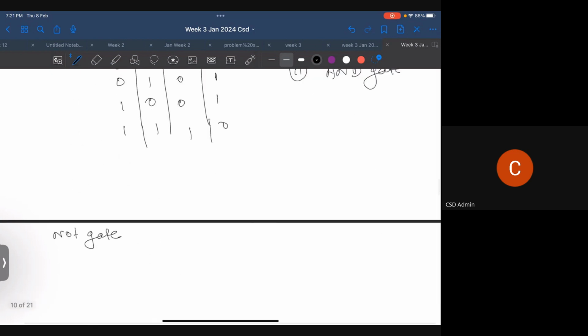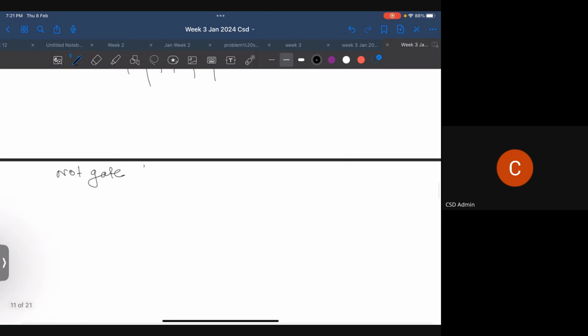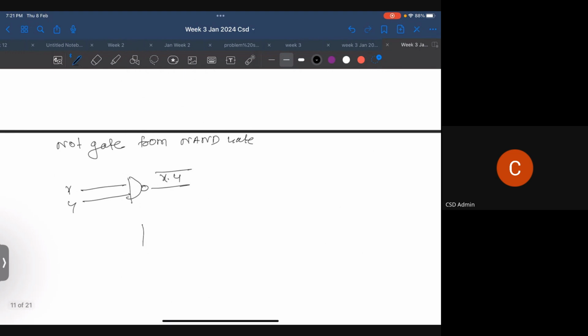Now we'll see how to get the NOT gate from NAND gates. The NAND gate output is x dot y bar. If you short circuit the two inputs, you will get the NOT gate. Suppose this is x and this is y; if you give the same input to both, it will be x dot x bar.